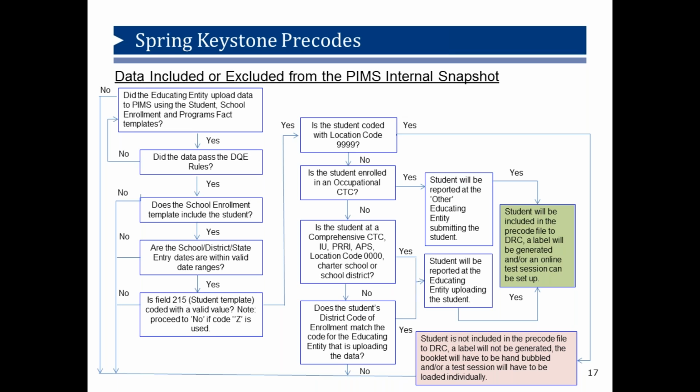Last year, we had an instance where an entire educating entity's data was not included in the DRC file because that entity used district code of enrollment as being another educating entity, which means the student records could not be matched to the reporting educating entity's PIMS accountability file. The students appeared in the student template in PIMS, but were filtered out because of the incorrect use of district code of enrollment.